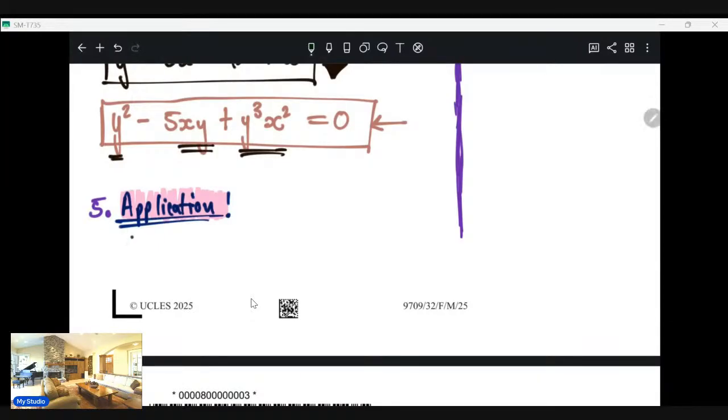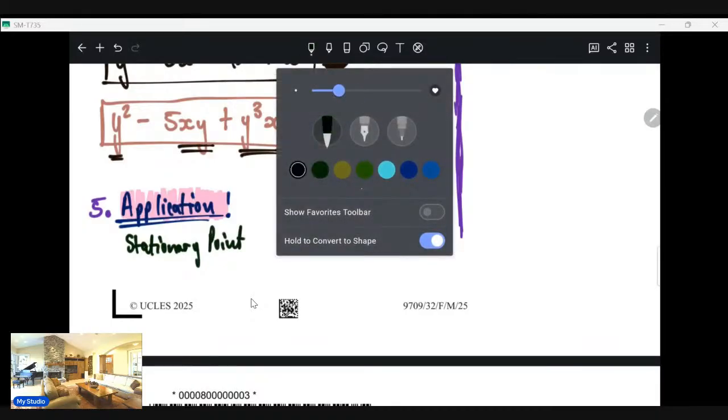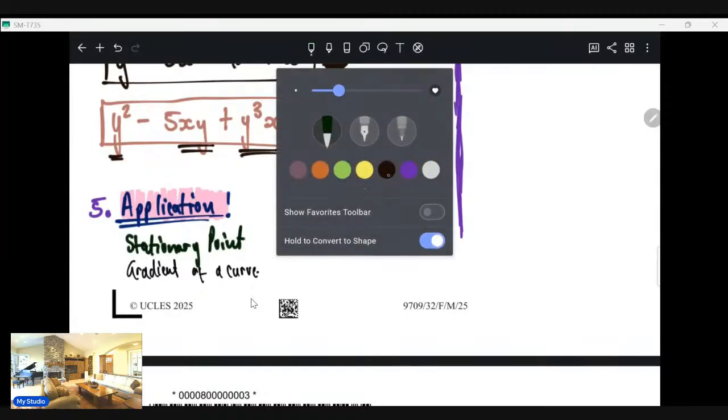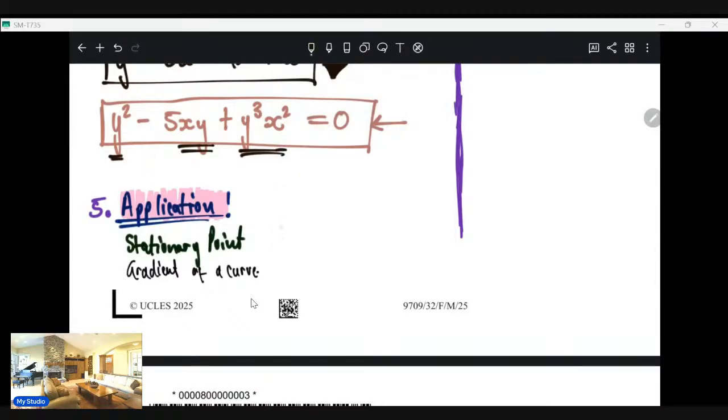They'll ask you to find, for example, the stationary point. We are expecting it. The question will ask for stationary point, or the gradient of a curve at a certain point. Or it may ask for rate of change.